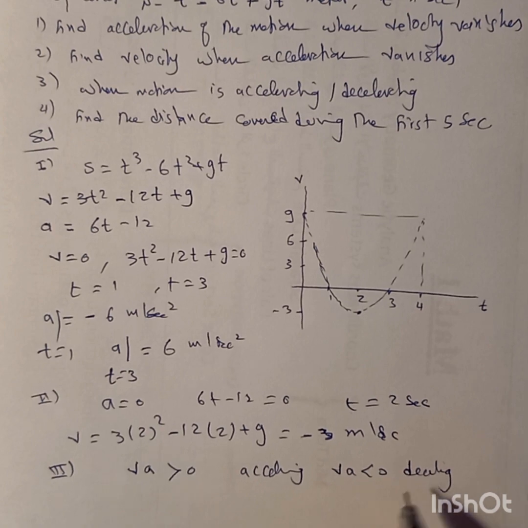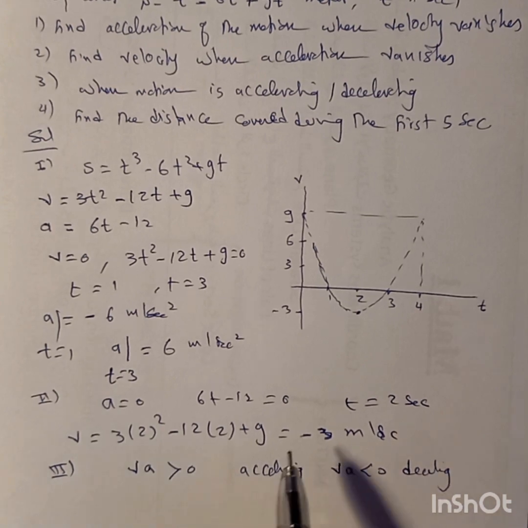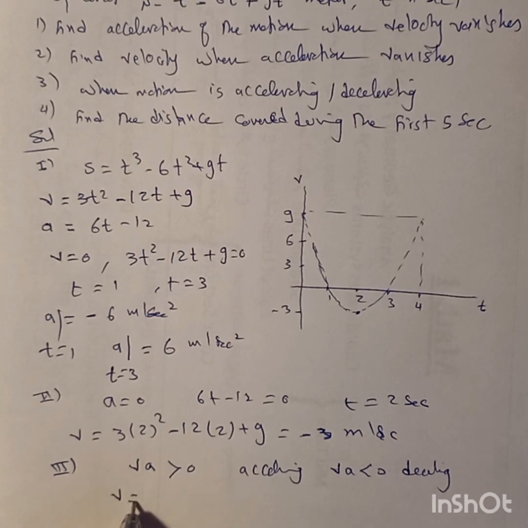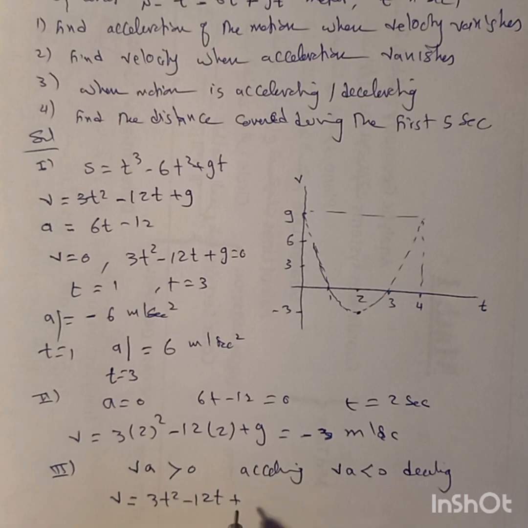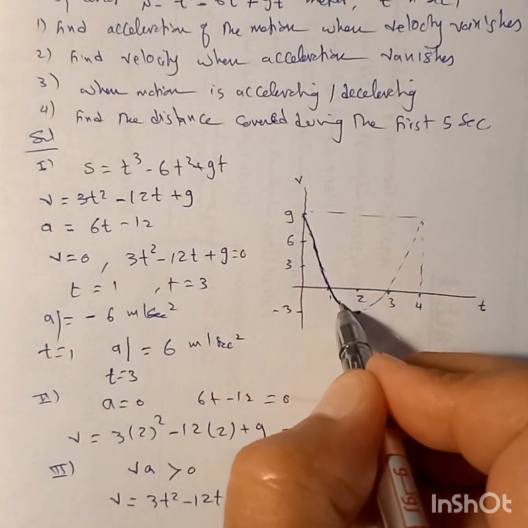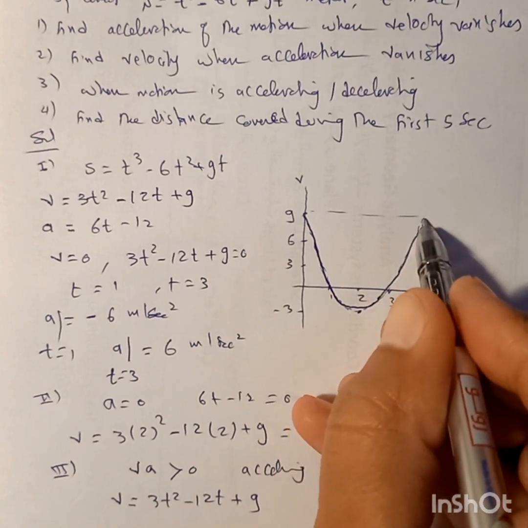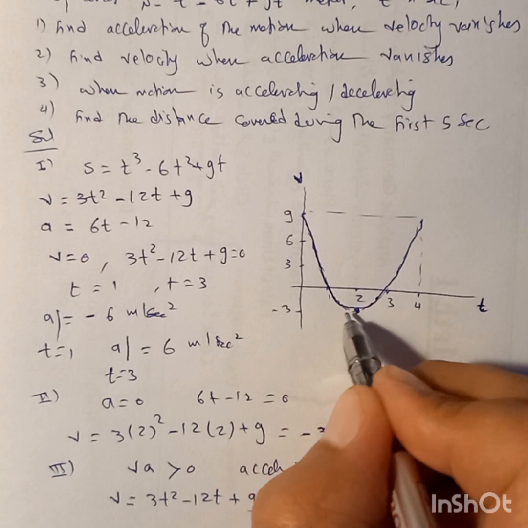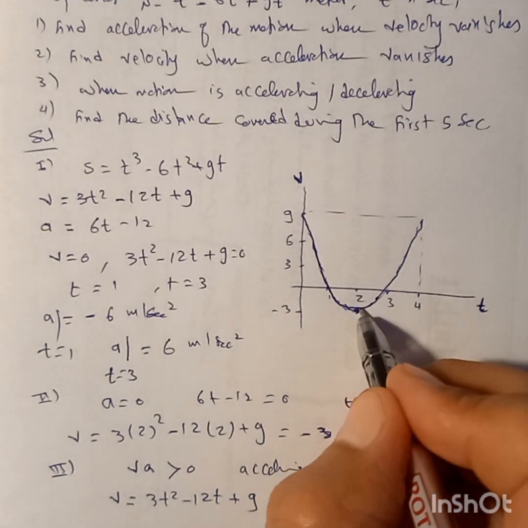Or we can find it from the graph. Here we have v equals 3t squared minus 12t plus 9. We can sketch this roughly like this, a curve representing v with respect to time.